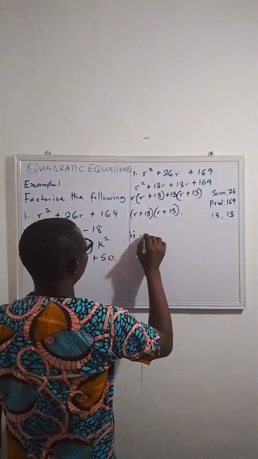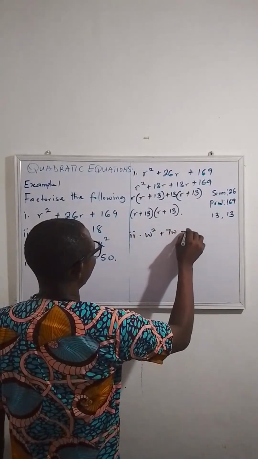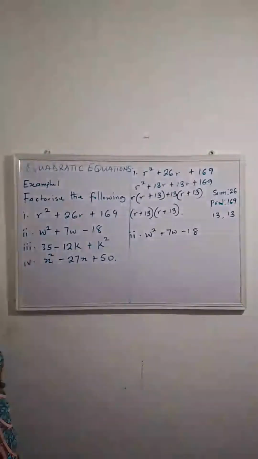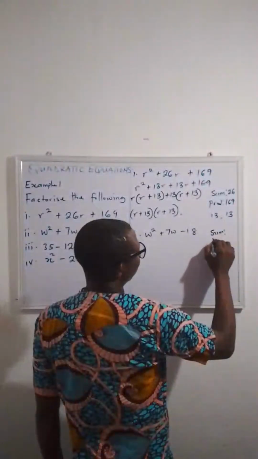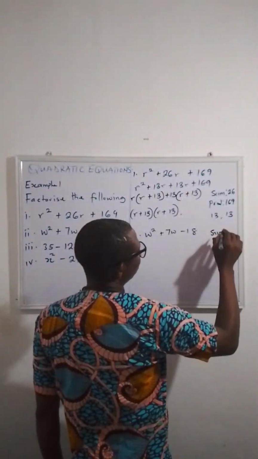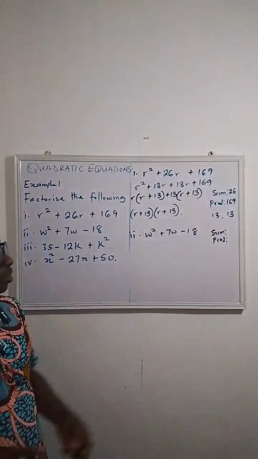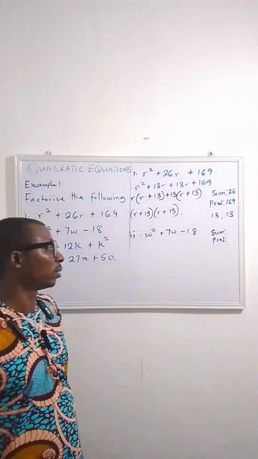We have w squared plus 7w minus 18. Okay, so now what is the first thing to look for? You look for the sum and the product. Can I ask you, what is the sum and what is the product of this quadratic expression?